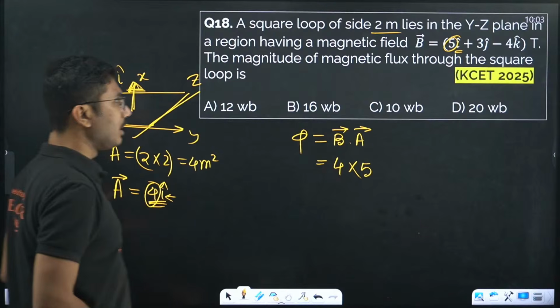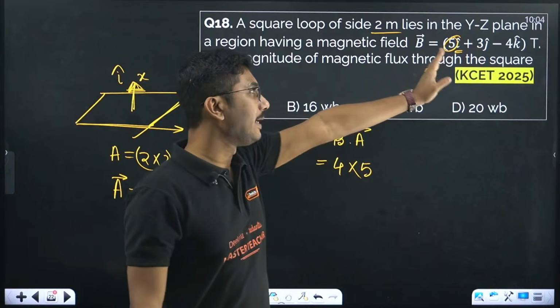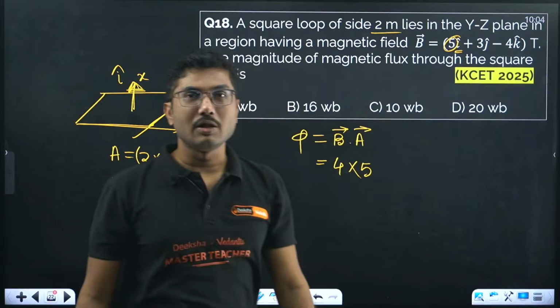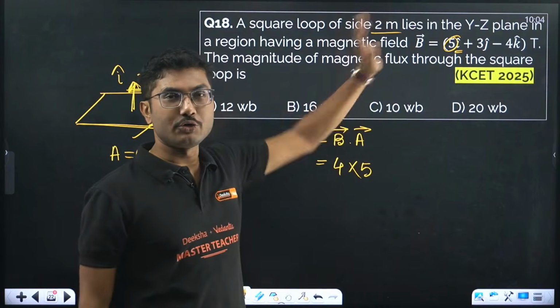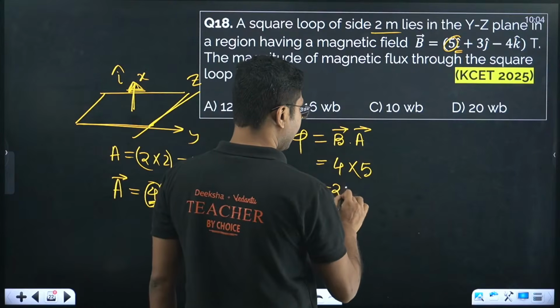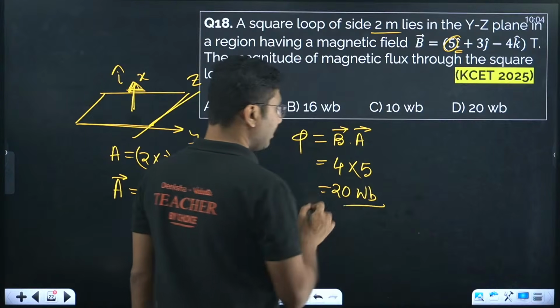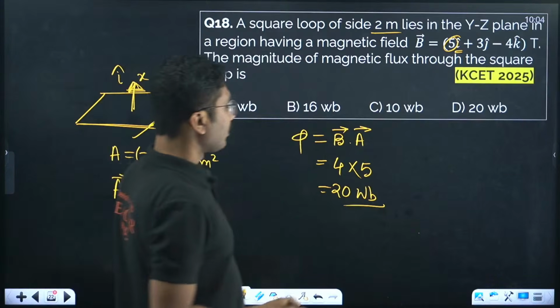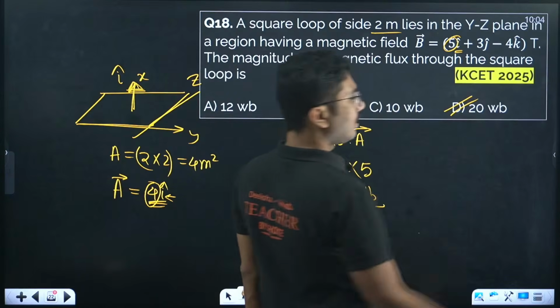That's why only 4 and 5 will be multiplied, and the remaining quantities will not come into the picture. So don't try to find the magnitude and calculate. It will be simply 20 Weber. 20 Weber will be the answer, so the correct answer is option D.